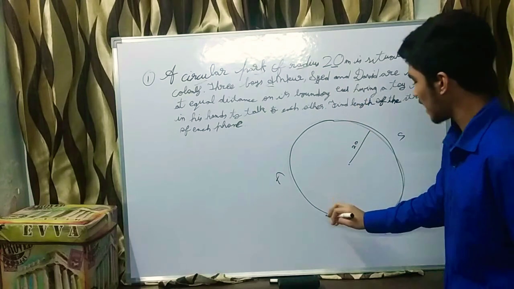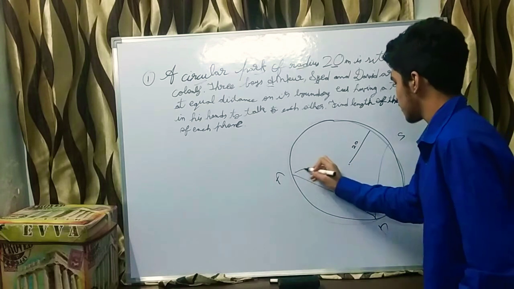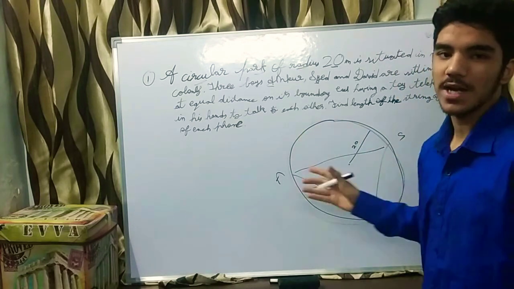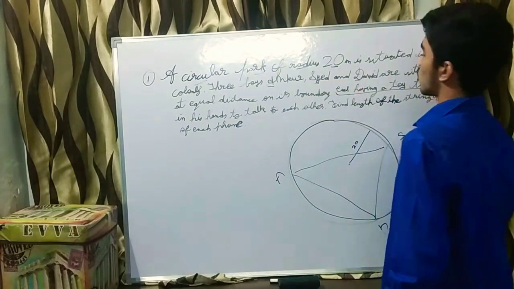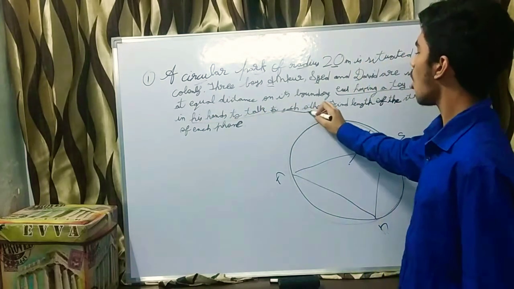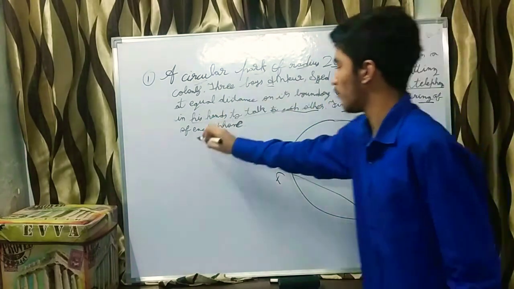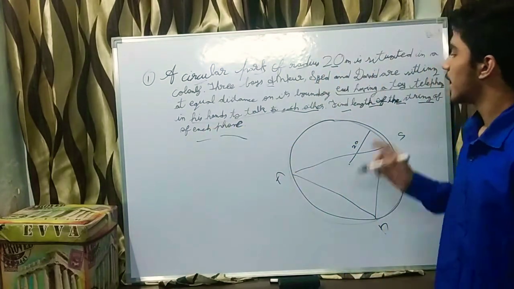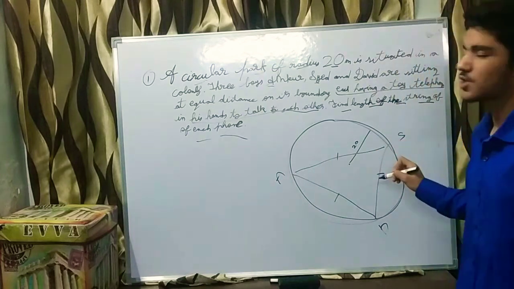So we can say that this is equal to this, and this is equal to this, because they are sitting at equal distances. Now they have a toy telephone in their hands to talk to each other. Find the length of the string of each phone. So we have to calculate each string.